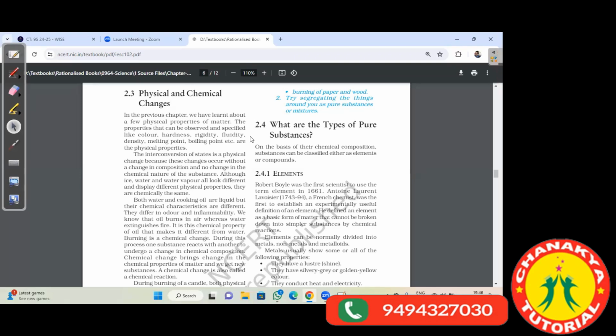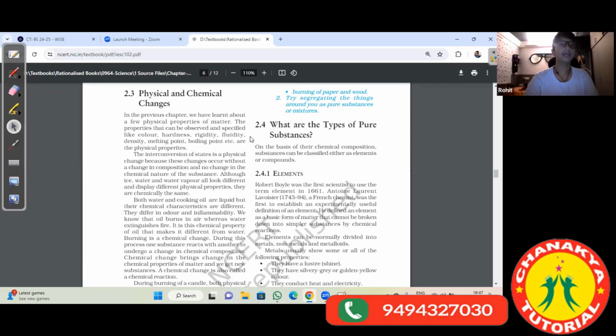Yeah. Pure substances are the substances which are made up of similar type of particles. If all the particles are similar to each other in all respects, in respect of their masses, their composition, and their other properties, then we call them pure substances.